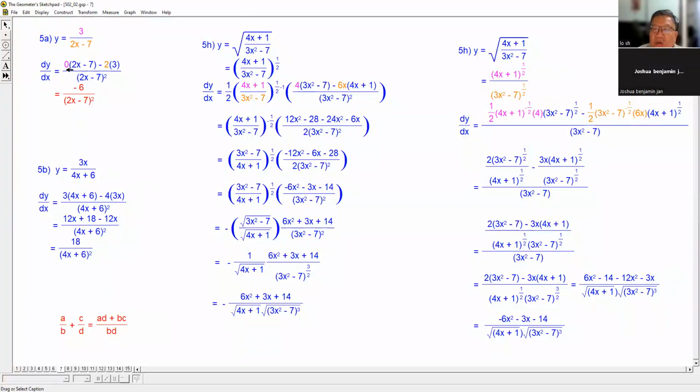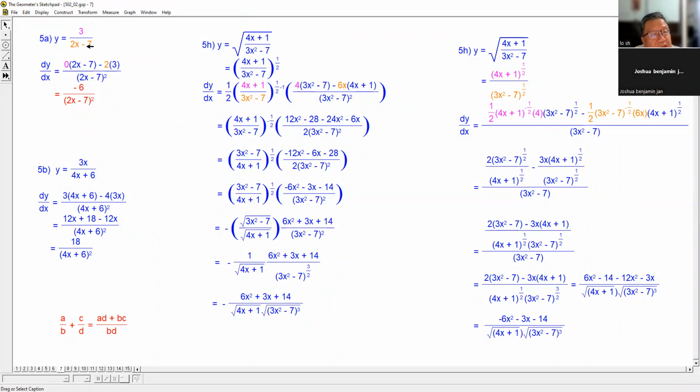Differentiate a number, you get 0. That is the special case number 2 that I told you. And the bottom, you just copy the same. The second one, you differentiate the bottom. Differentiate 2x, you get 2. This is the first special case that I told you.